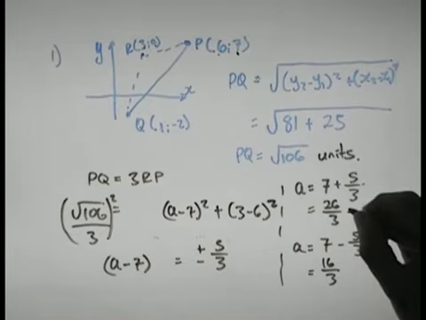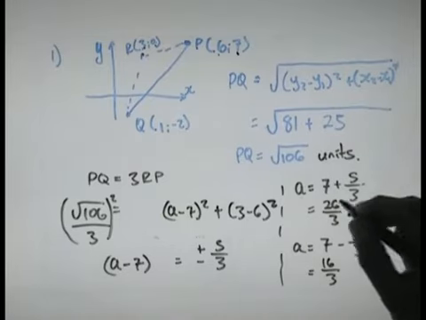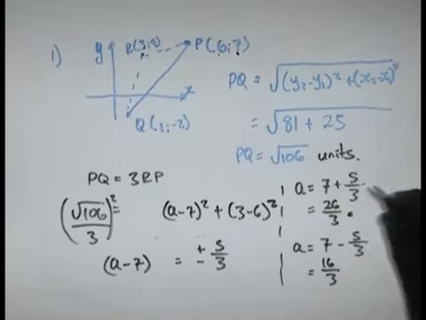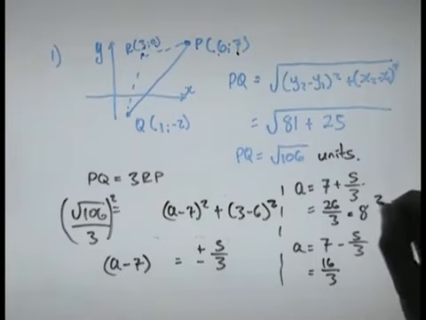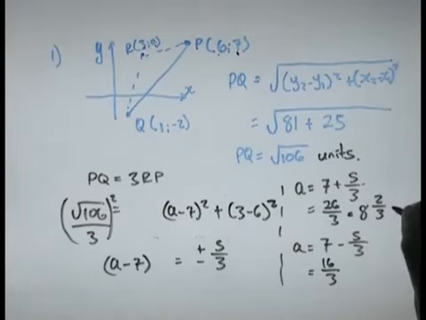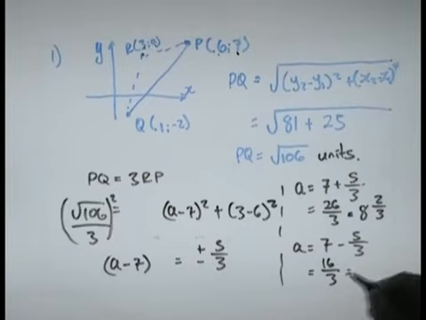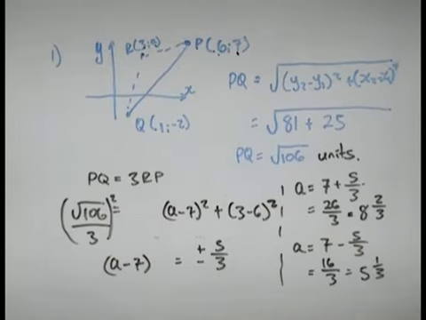We can simplify that if we want to, by turning it into a mixed number. 3 goes into 26 8 times, with a remainder of 2 over 3. Or 3 goes into 16 5 times with a remainder of 1 over 3. Our two possibilities of A are 8 and 2 over 3 or 5 and 1 over 3.